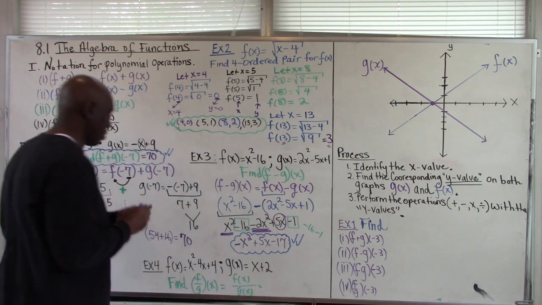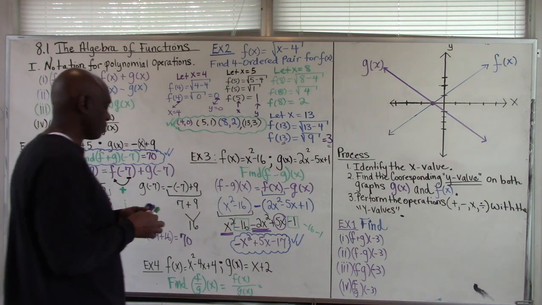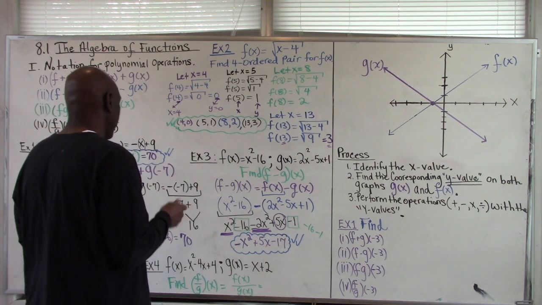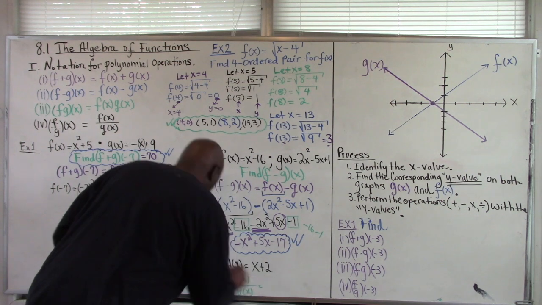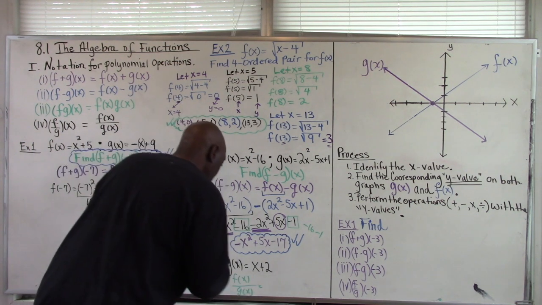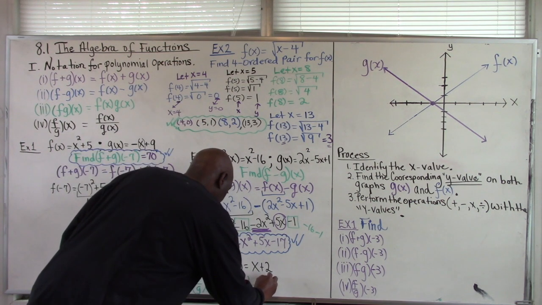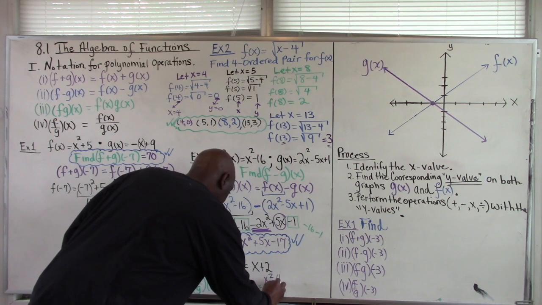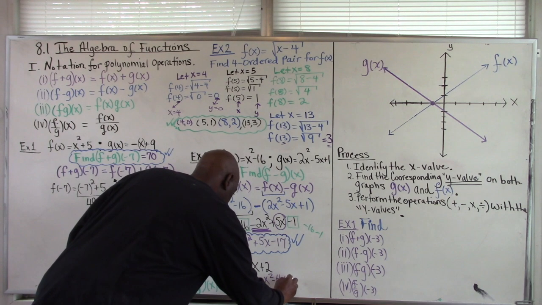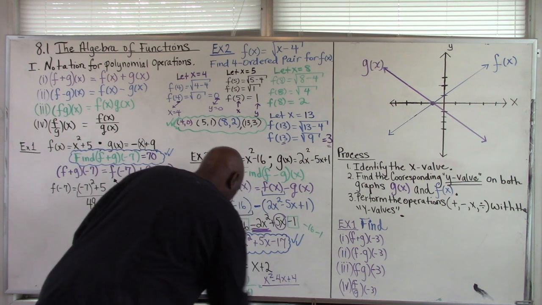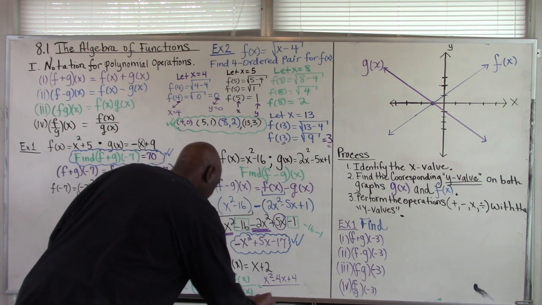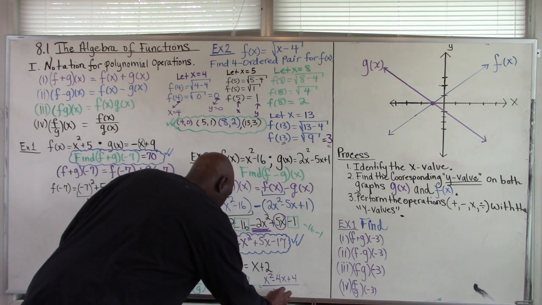Which equals, okay, what is f? F is x squared minus 4x plus 4 divided by g of x, which is x plus 2.